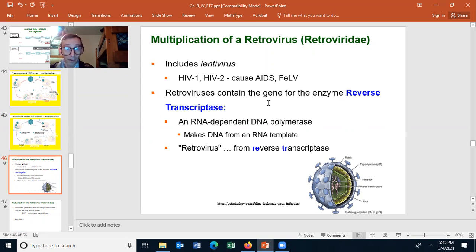And the word retrovirus comes from the first two letters of reverse and then the first two letters of transcriptase. So retrovirus. Any question about any of that?